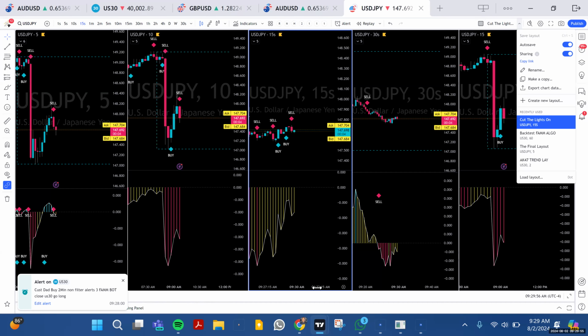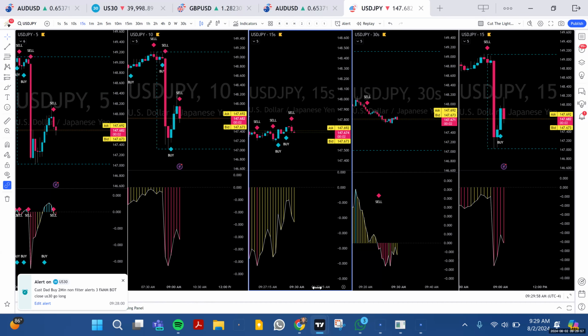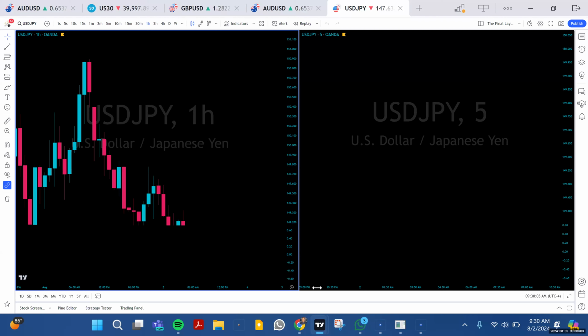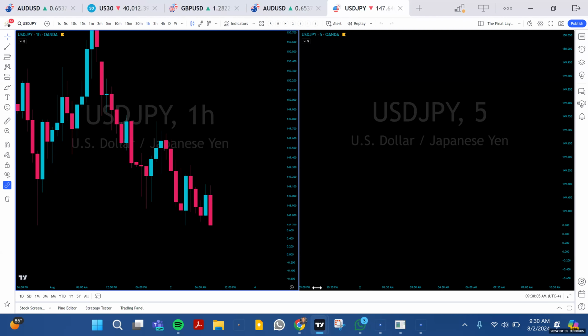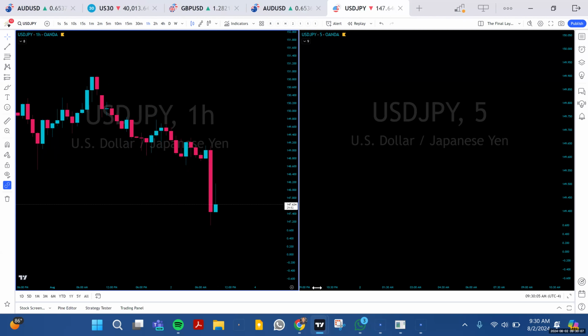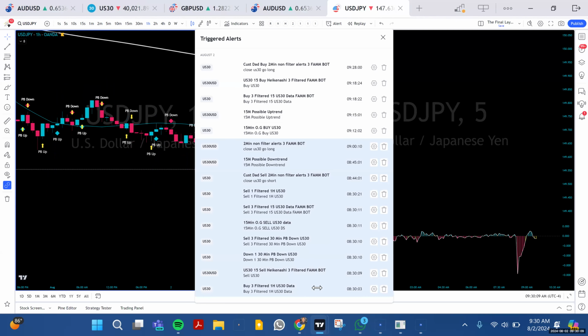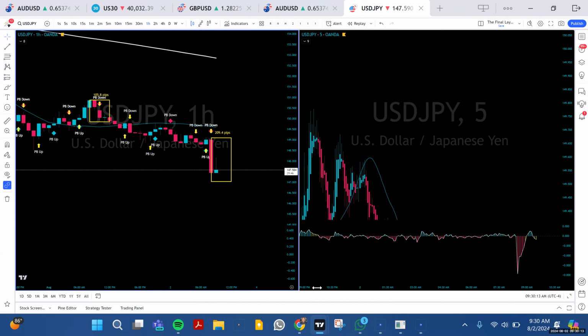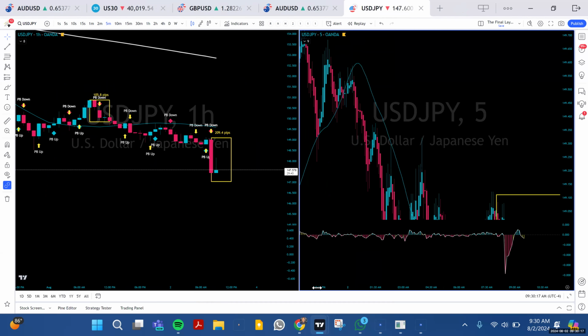So if I look over here, we can just have our normal layouts. And what they do is they allow you to take advantage of huge moves. So as you can see, these are hour-long moves.